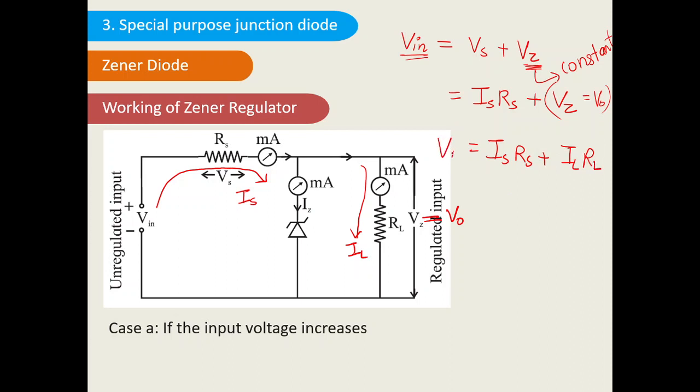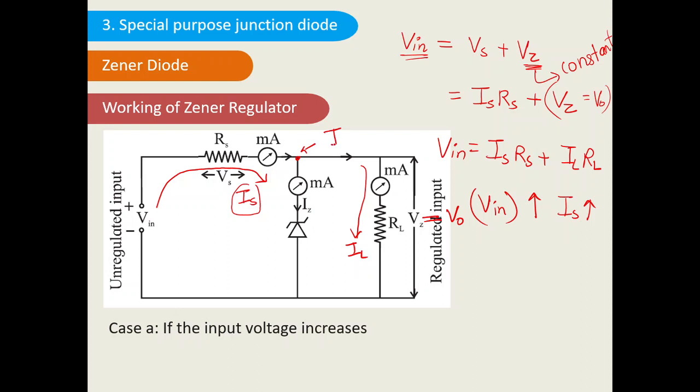So whatever the input voltage is, this is the value. If the input voltage increases, what is going to happen? If the input voltage increases, the value of Is will increase. Now Is is divided into two parts.